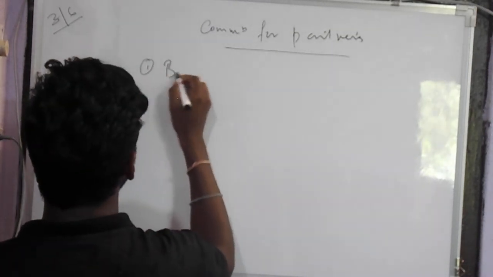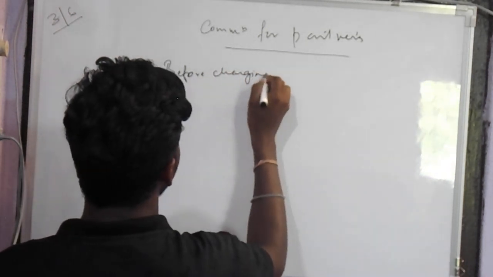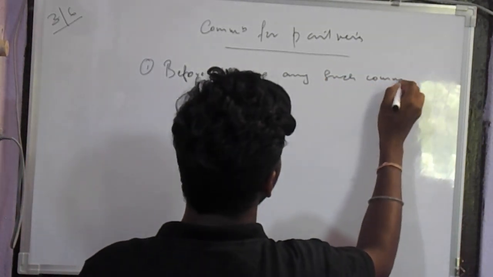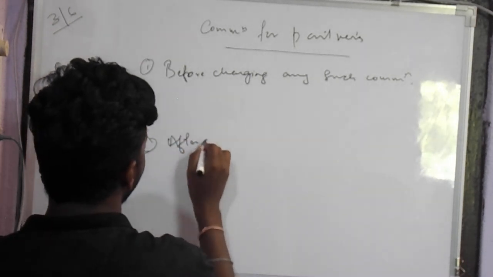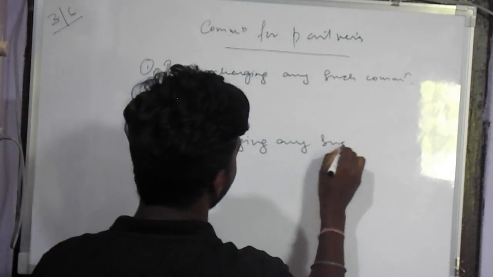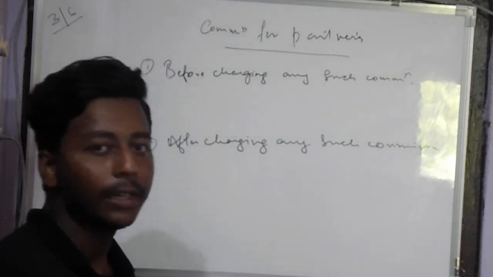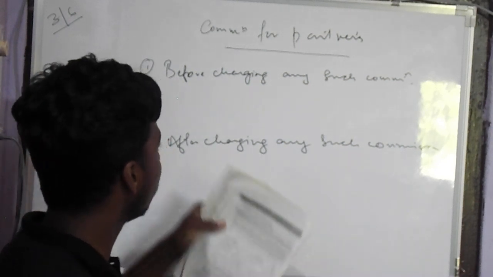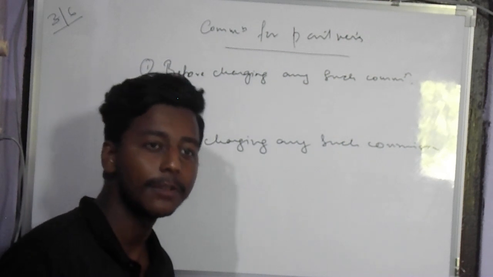One is before charging any such commission, and the other one is after charging any such commission. Okay, so in case the partner's commission is to be calculated before charging any such commission, we have a very simple formula for that.